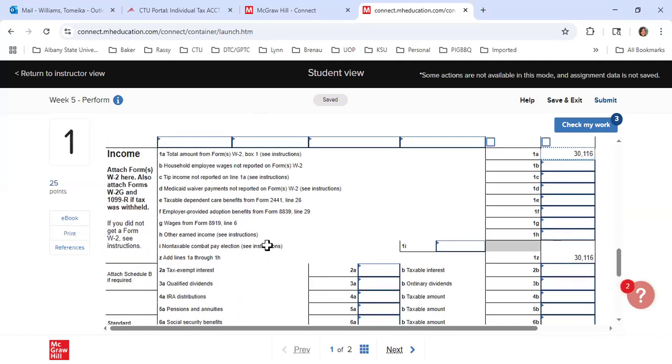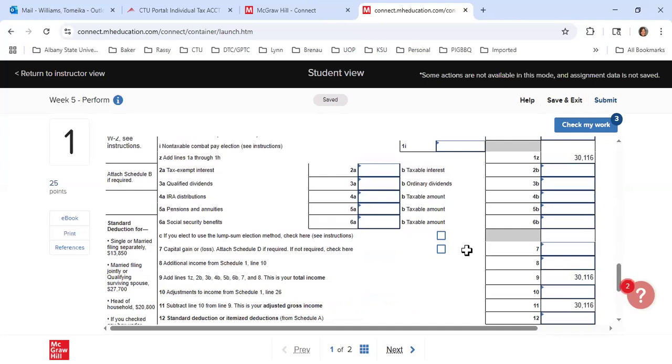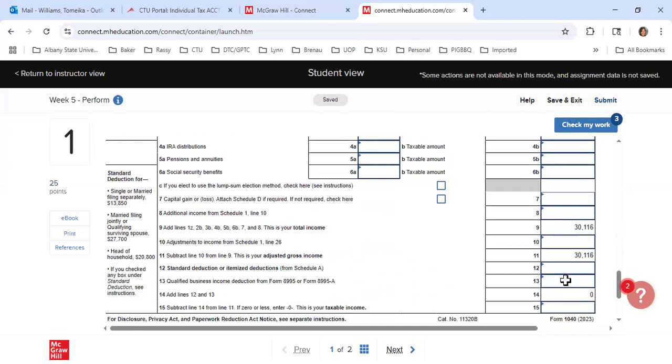She doesn't have any wonky things going on as far as interest, dividends or anything like that. So we can beeline all the way down to line 12, which is normal for us. She doesn't have any itemized deductions, so that makes it pretty simple to use the head of household standard deduction here, which is 20,800.